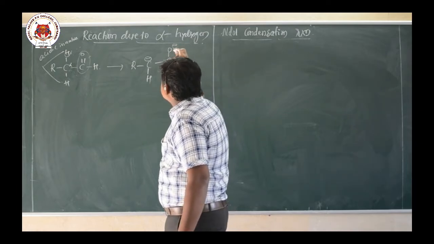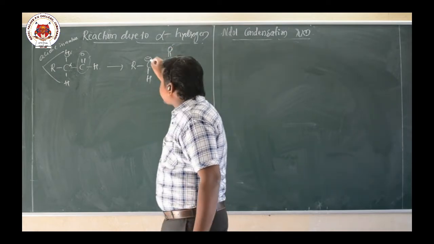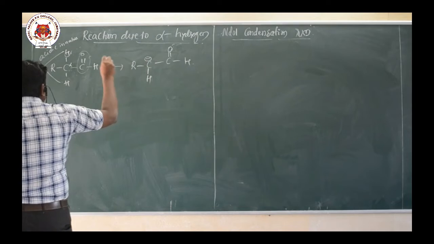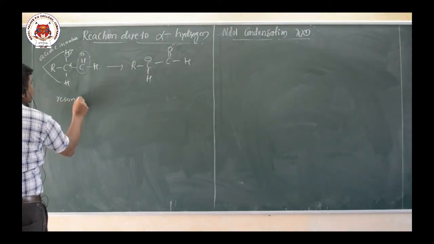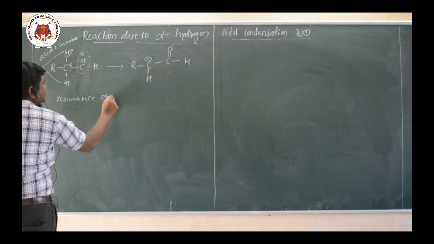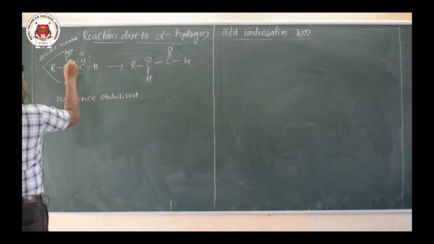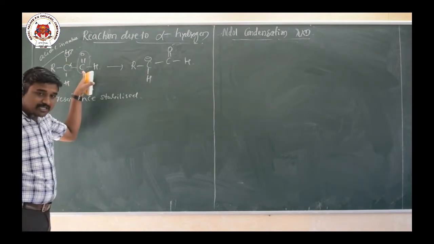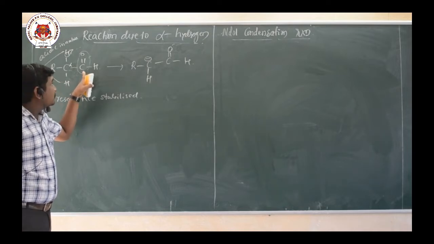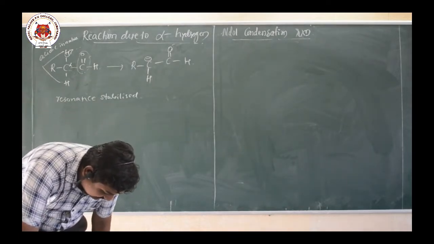The minus charge. I will write resonance here. The anion formed is resonance stabilized. Alpha carbon hydrogen atoms are acidic in nature due to the strong electron withdrawing capacity of the carbonyl carbon atom.